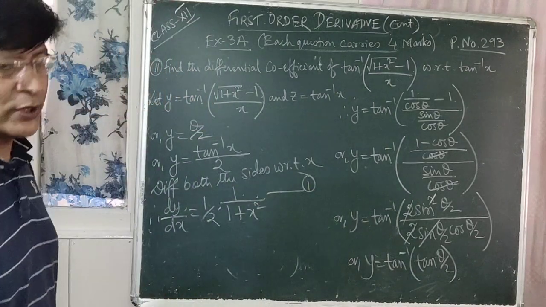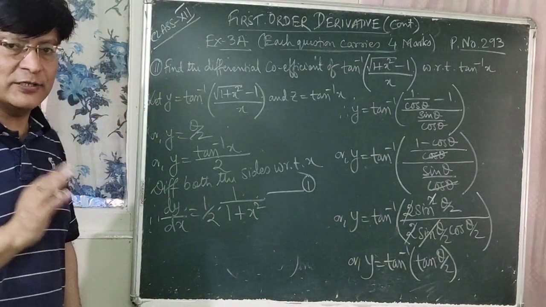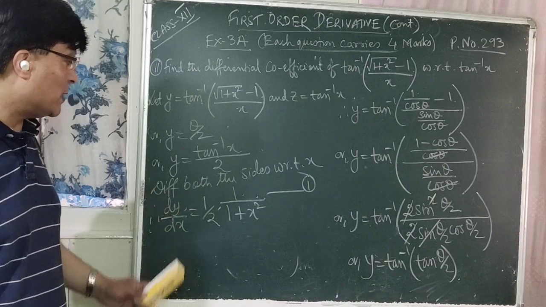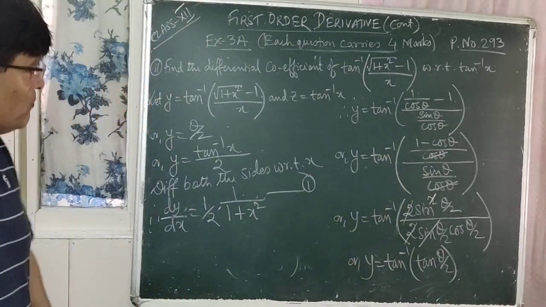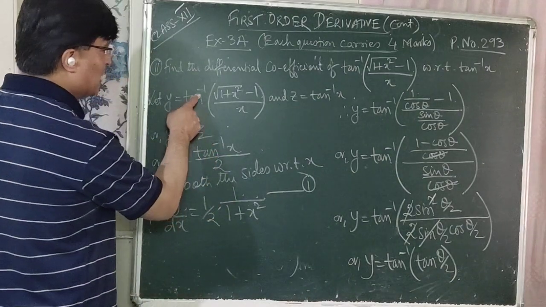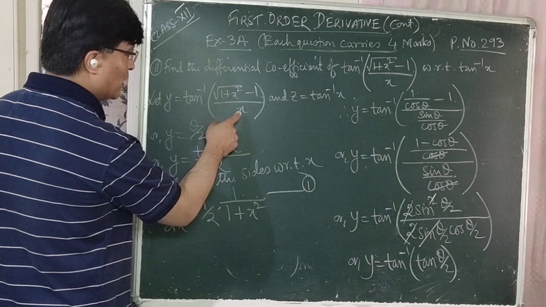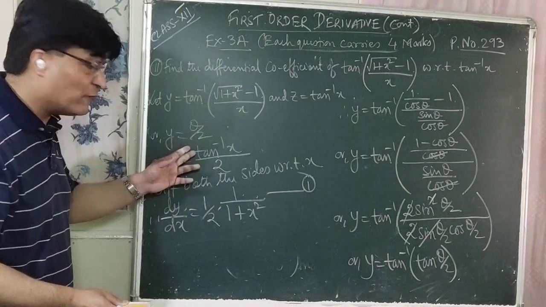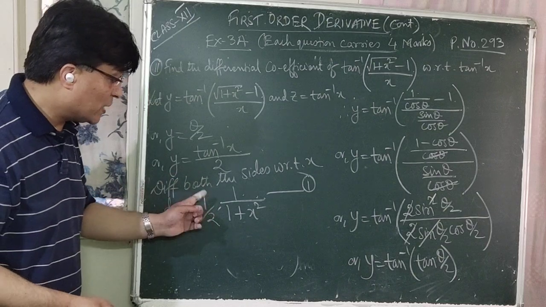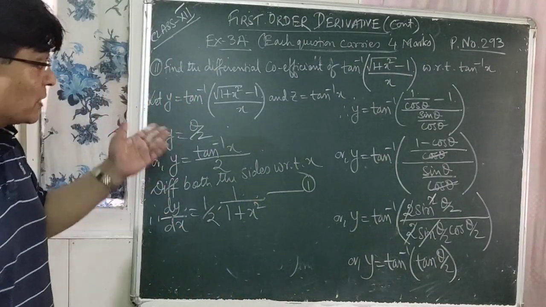Suppose this is equation number 1. So the first function is differentiated. That means dy by dx is equal to half into 1 upon 1 plus x squared. The simplified form of tan inverse of root over 1 plus x squared minus 1 whole divided by x is tan inverse x by 2, right? So it will be easier for you to differentiate it, isn't it? So we get half into 1 upon 1 plus x squared after differentiating with respect to x.